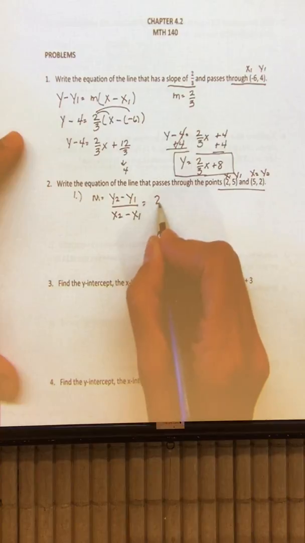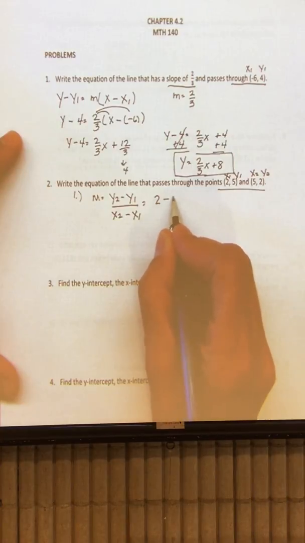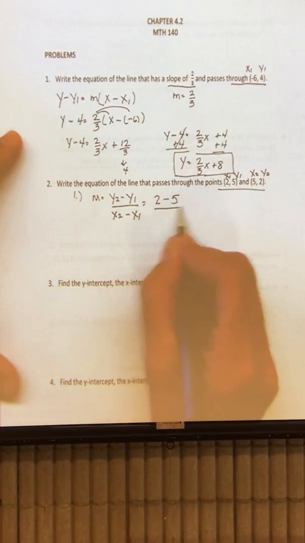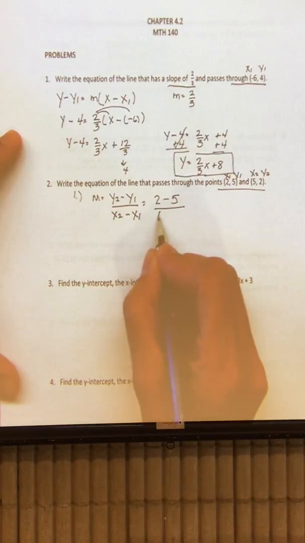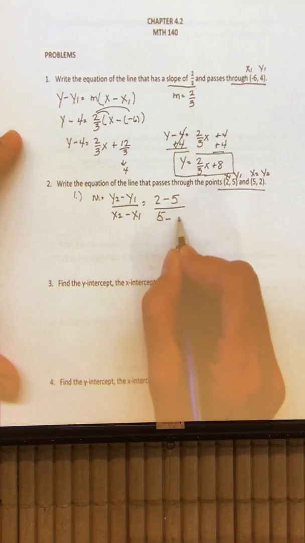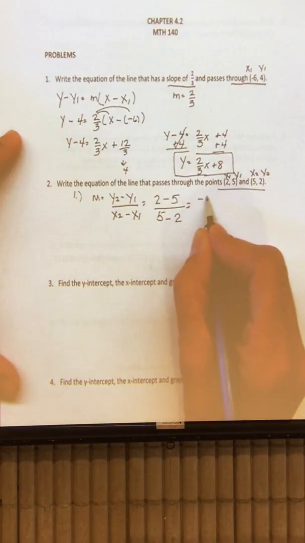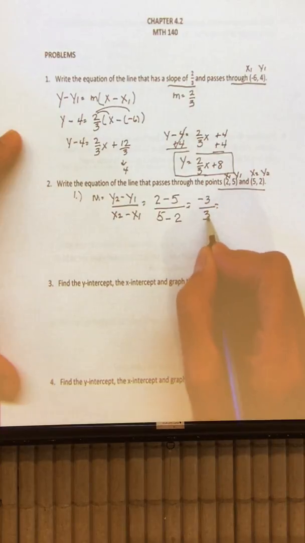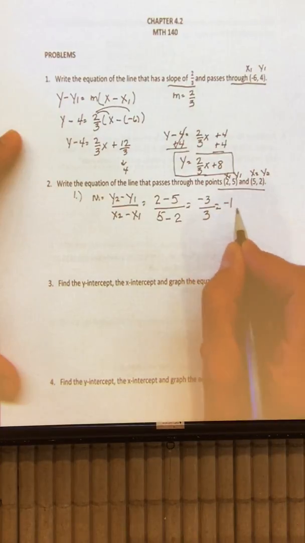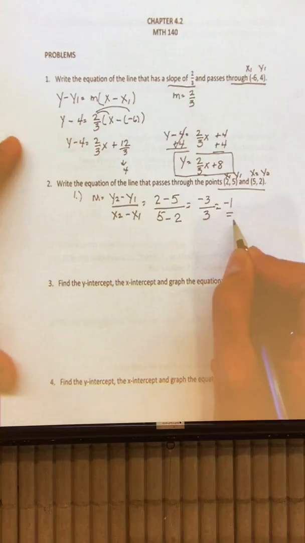We have y2, which is 2, minus 5, which is y1, over x2 minus x1. 2 minus 5 is -3. 5 minus 2 is 3. -3 divided by 3 is -1. And that is our slope.